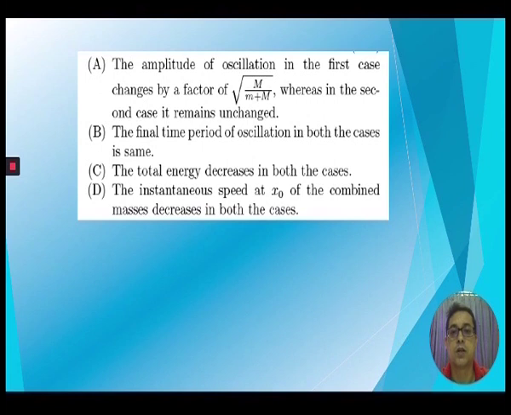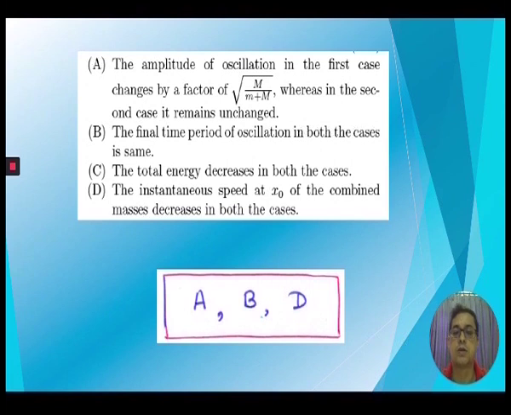What about the total energy? Does total energy decrease in both cases? No, it does not decrease in the second case. It remains the same, but in the first case total energy decreases compared to the initial one. And then the instantaneous speed at x0 of the combined mass decreases in both cases. So that is correct, right? So options A, B, and D are the ones you have to select. These are the correct options: A, B, and D.